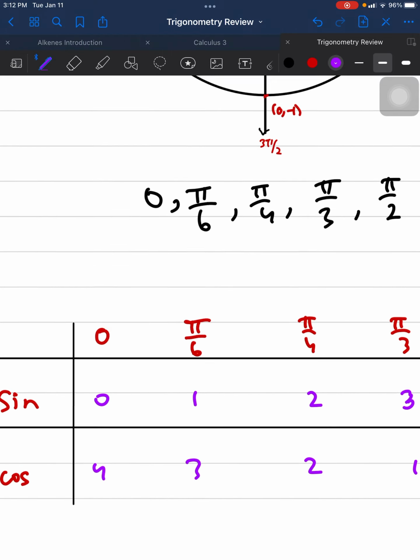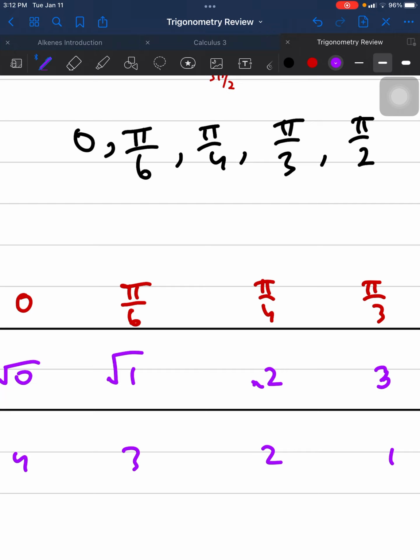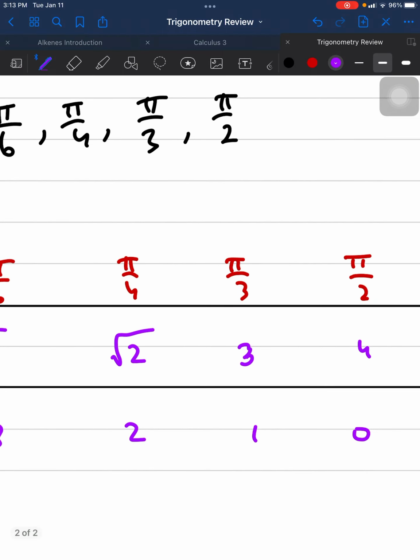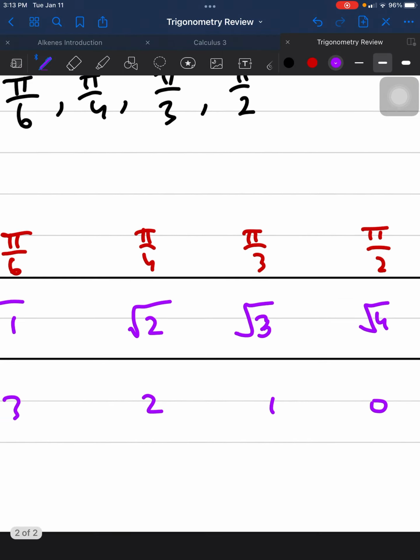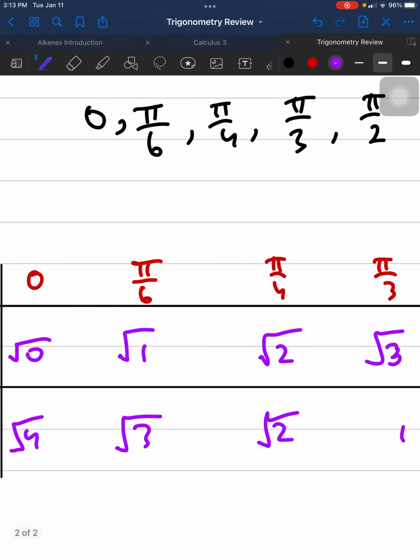So the first step to find the values of sine and cosine is to take the square root of each of these values.